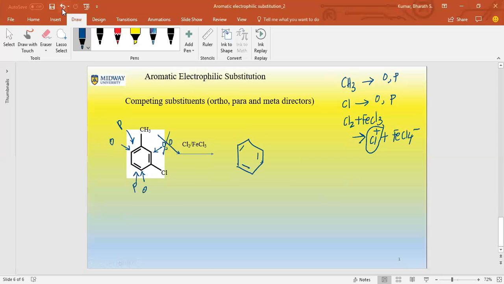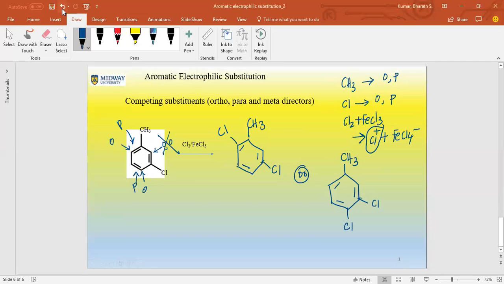Sorry about my terrible drawing with the benzene rings. Okay. It's very difficult to draw these with these pens. So that's one of them. Or you can have this.